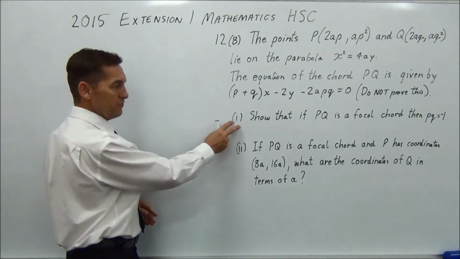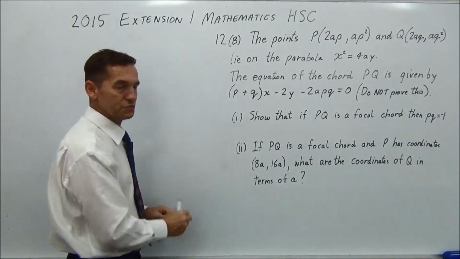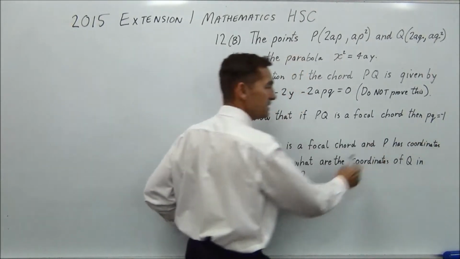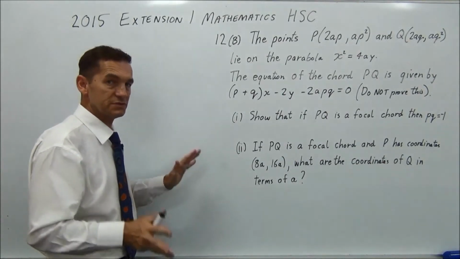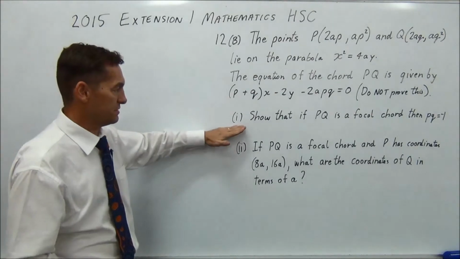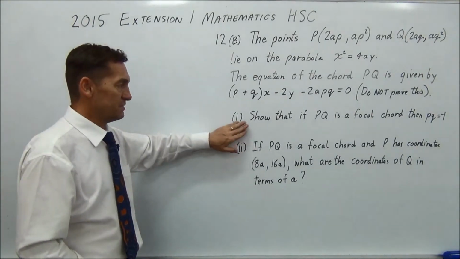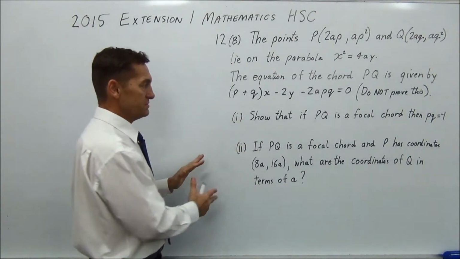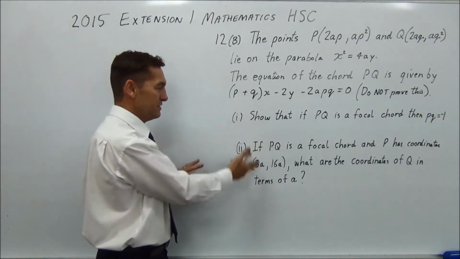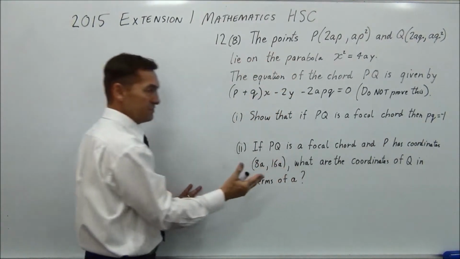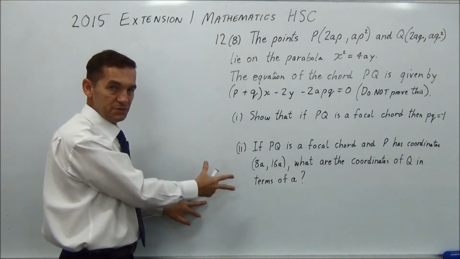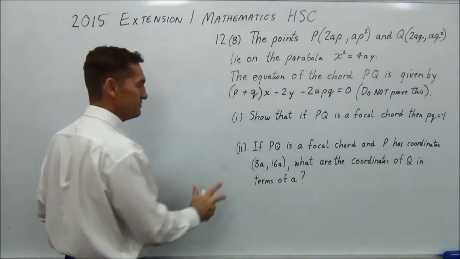So whether or not you've been able to show that that's true, look to use that in this question, because that's pretty much how a lot of questions in Extension 1 are designed. There's usually a giveaway. They don't usually say find out what this is, and if you don't find it out you can't progress. That's given, so therefore it's likely to be used. So really be aware of that, it's very important.